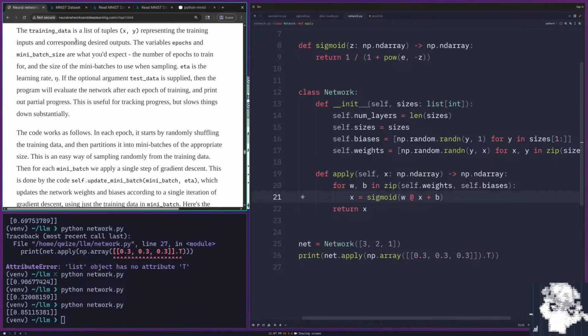The training data is the list of tuples x, y, representing the training inputs and corresponding desired outputs. The variables epochs and mini batch size are what you'd expect: the number of epochs to train for and the size of the mini batches to use when sampling.